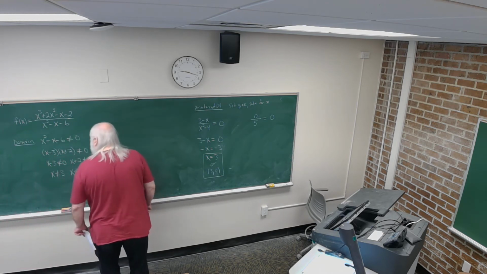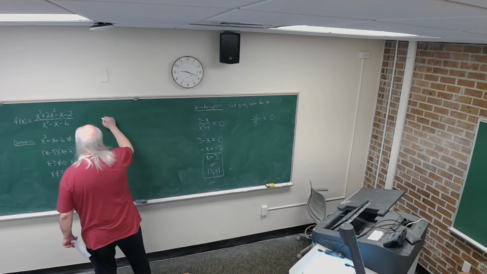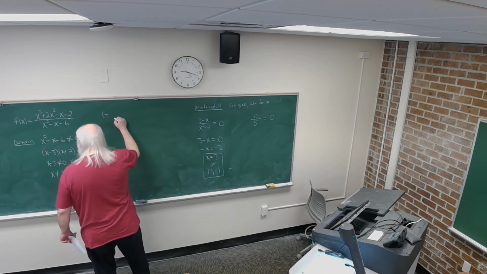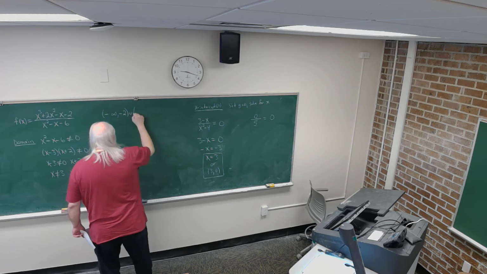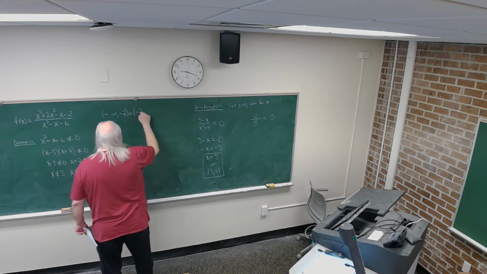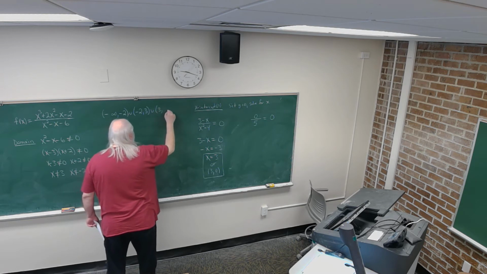So in interval notation, the domain is minus infinity to minus 2, union minus 2 to 3, union 3 to infinity.